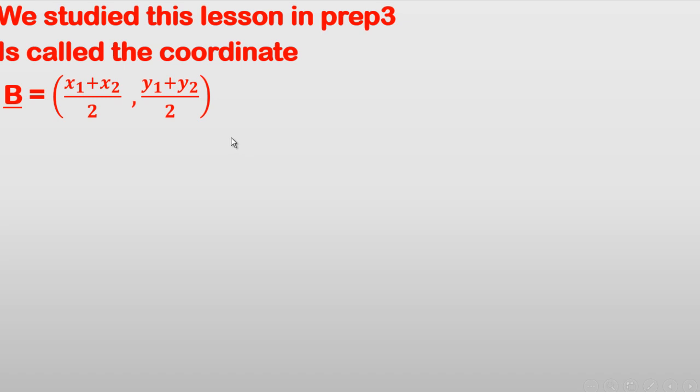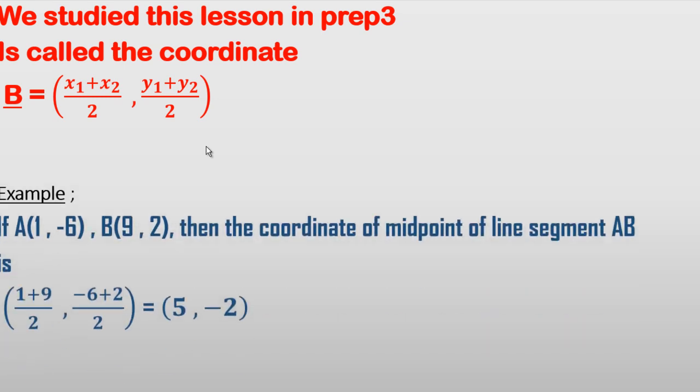If I have line segment AC, and B is the midpoint of AC, then the midpoint is (x1 plus x2) divided by 2 and (y1 plus y2) divided by 2.